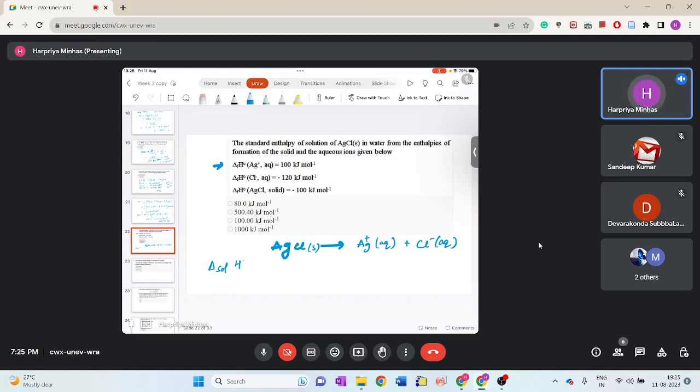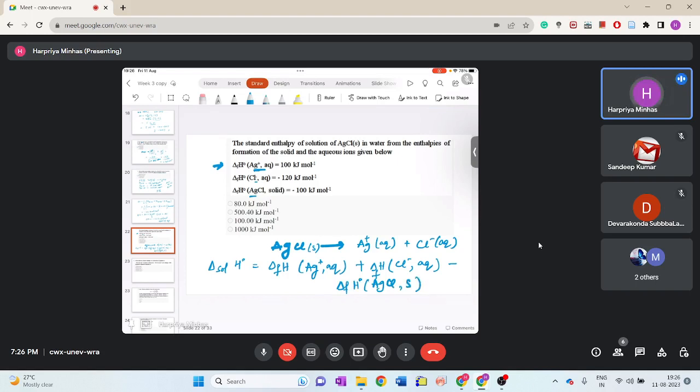So enthalpy of solution will be your enthalpy of formation of your Ag plus, that is your aqueous one, plus your delta formation for your chlorine aqueous, and then subtracting this value, AgCl, that is your solid.